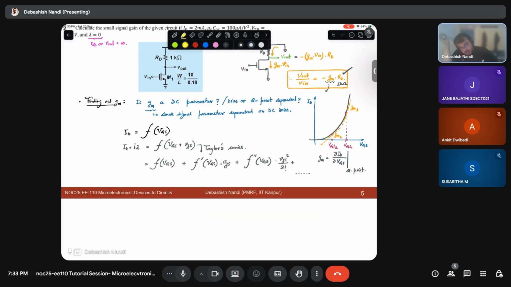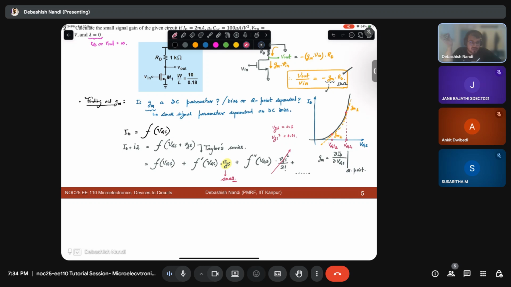Now you say that your small vgs is a small signal. Then what do you do? You can ignore these terms. For example, if vgs is, let's say, 0.1, what will be your vgs square? 0.01.